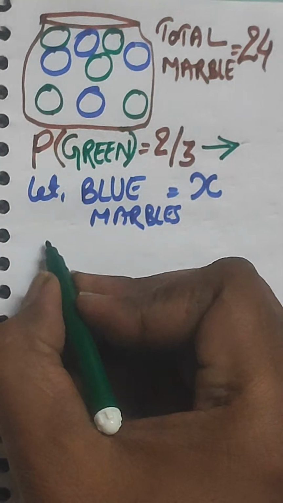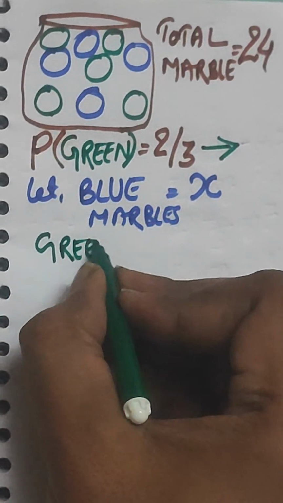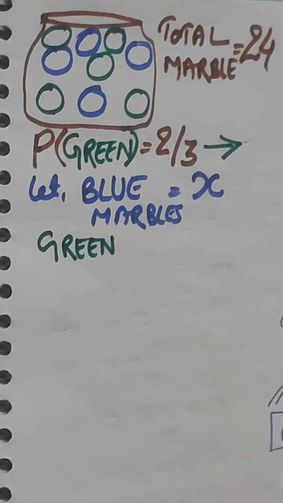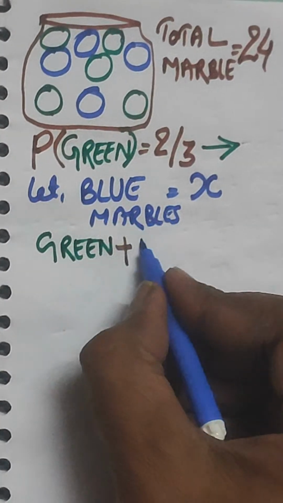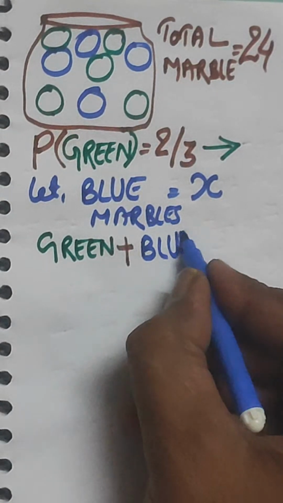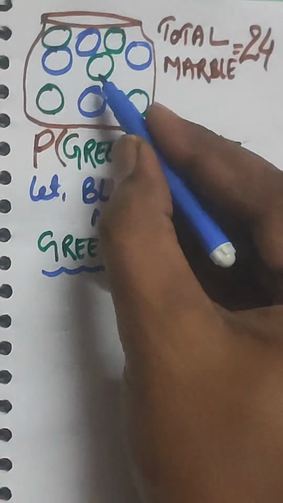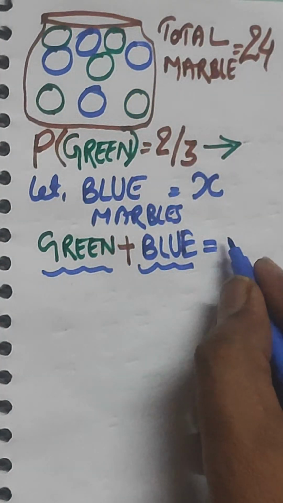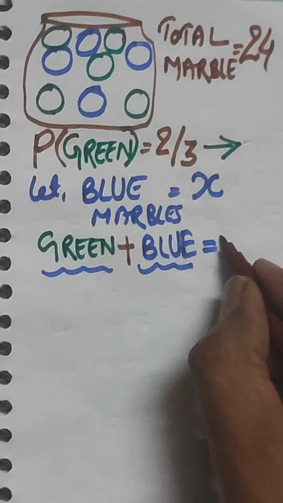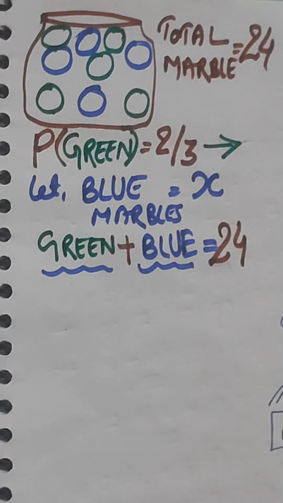So you know that green marbles and blue marbles together are in the jar, and there are 24 marbles total, you can see here, right?